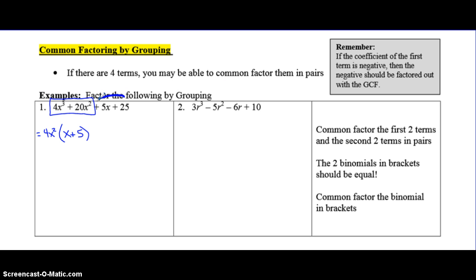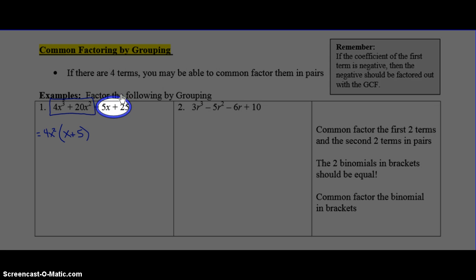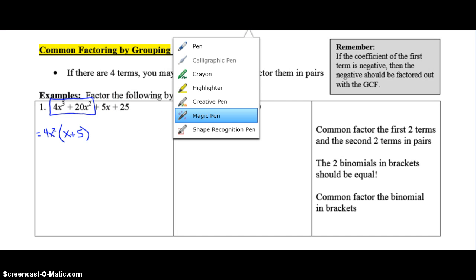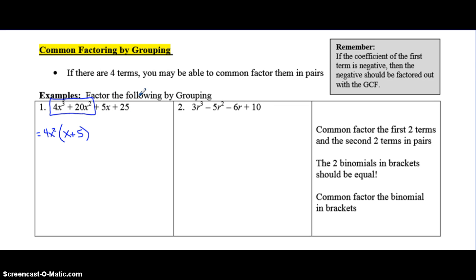Now, look at the second 2 terms, 5x plus 25. That has a common factor of 5. So out of the second 2 terms, we're going to common factor out of 5. So put a box around the second 2 terms.